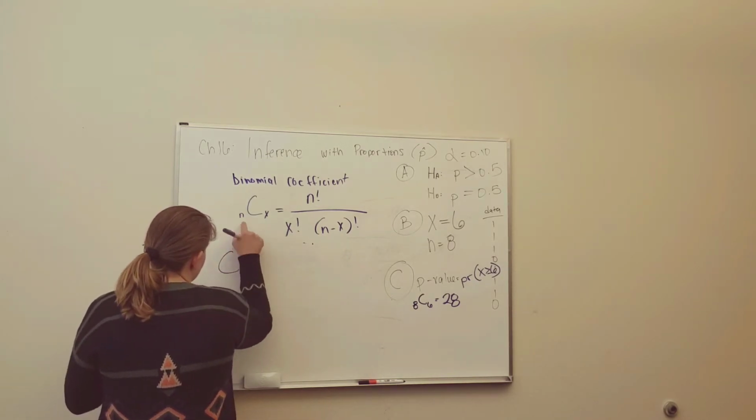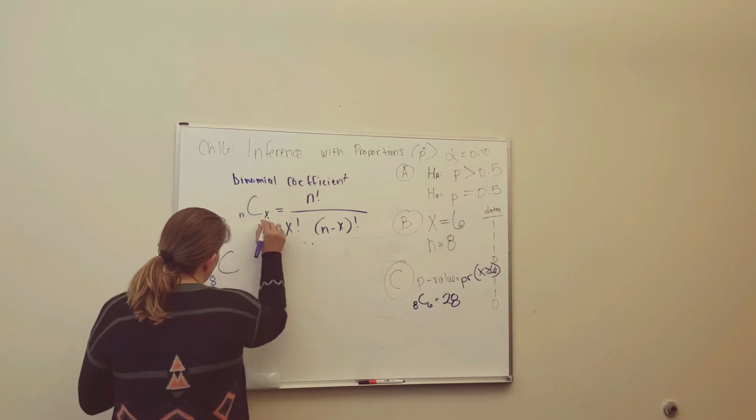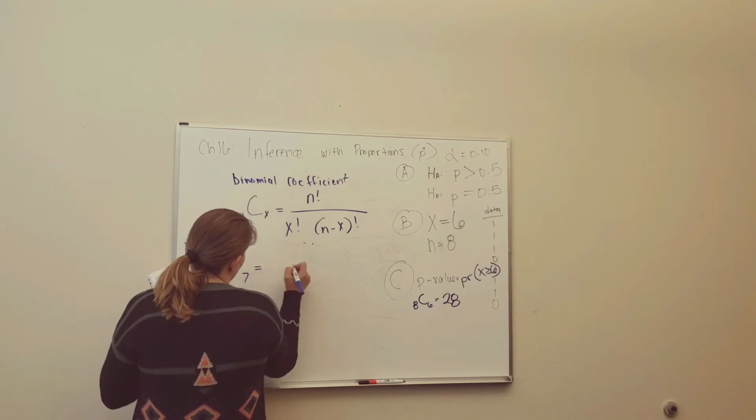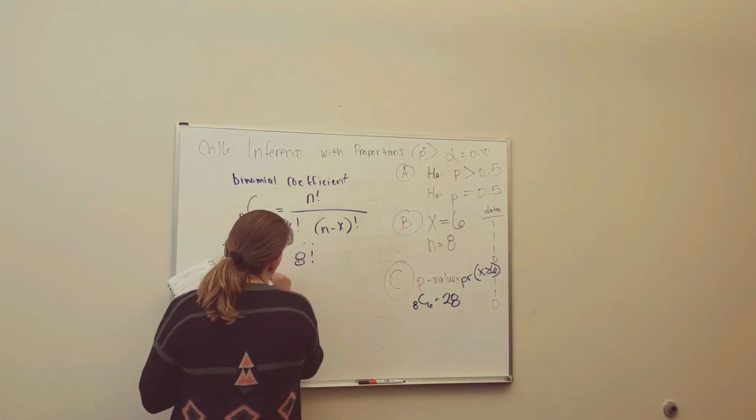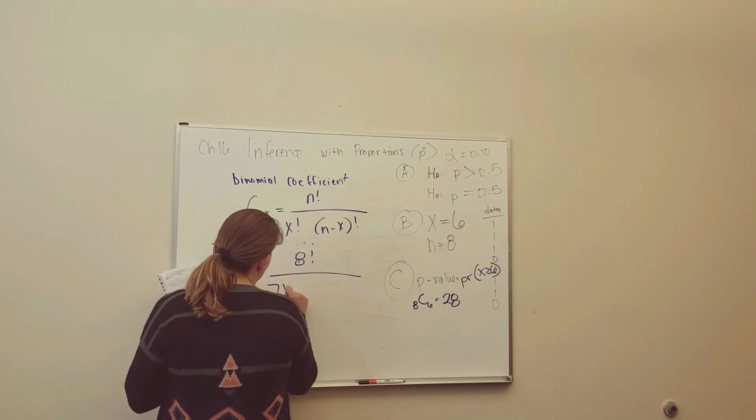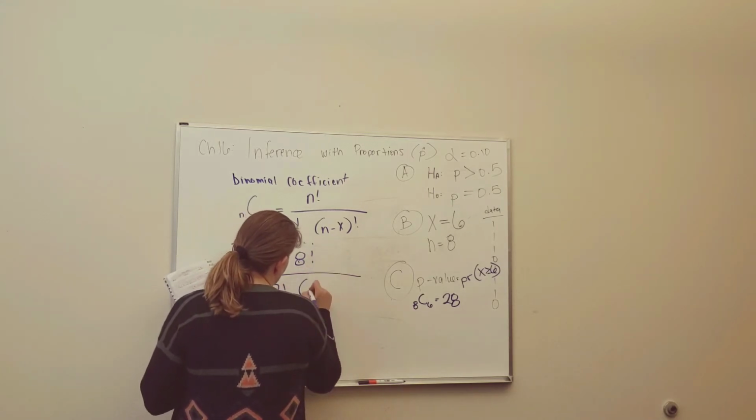So our sample size stays the same and is still 8. The x value changes to 7, so we still have 8 factorial as our numerator divided by 7 factorial times n minus x, so 8 minus 7.